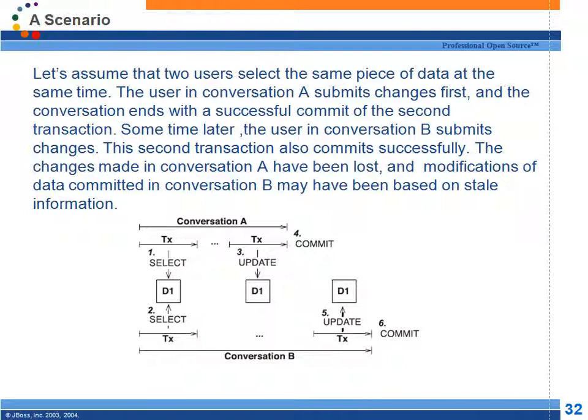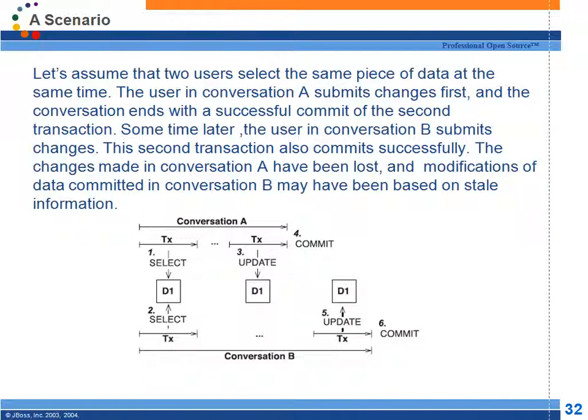First let's assume this user has processed his credit card details and committed it. Then the seat will be reserved for him. Then after some time the other user also gives the credit card details and commits it. Then what should happen? It should say that the seat is already reserved, right?